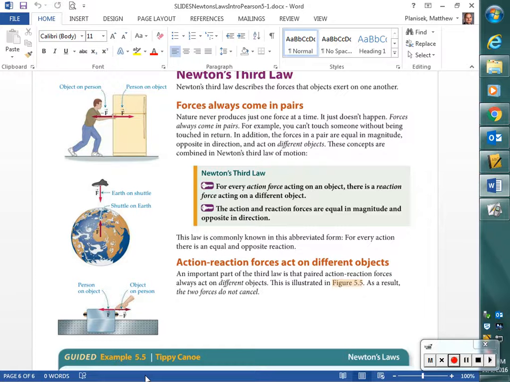I push on this book and it pushes on me, and that's true. But there's also some friction between me and the floor, and that's why I don't start moving backwards. Sometimes it's hard to isolate those action-reaction pairs to show that they're actually pushing on each other. All right? Does that make sense? We okay with that? All right. We'll look at more of that too as we go along here and look at some examples.